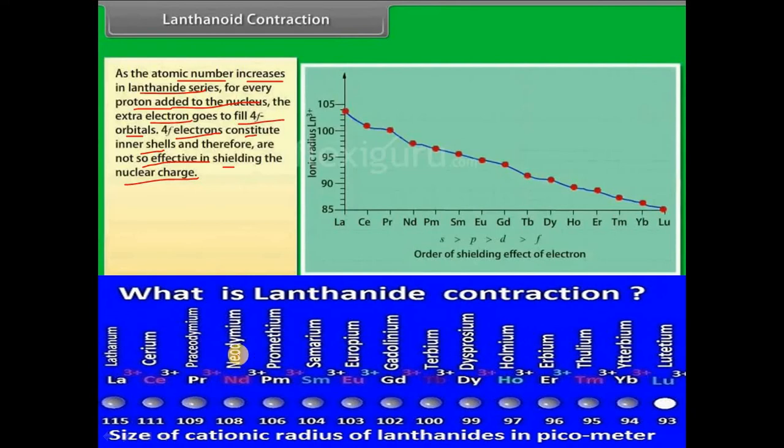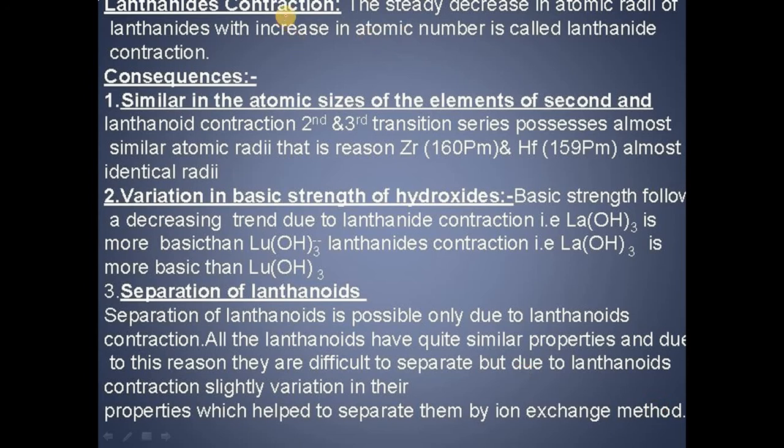So what is lanthanide contraction? Here size goes on decreasing from lanthanum to lutetium. The cationic radius of lanthanides in picometer: these are the sizes, 115 picometer and the last one 93 picometer. So the steady decrease in atomic radii of lanthanides with increase in atomic number is called lanthanide contraction.